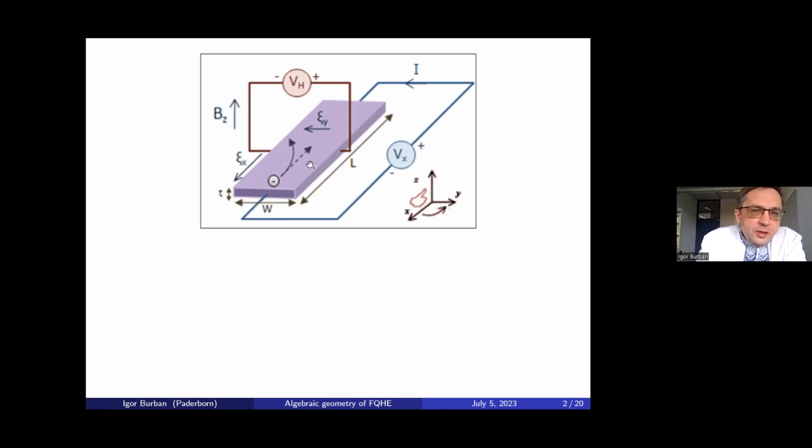So, if we connect both boundaries of our sample by conducting material, we would get a new current.